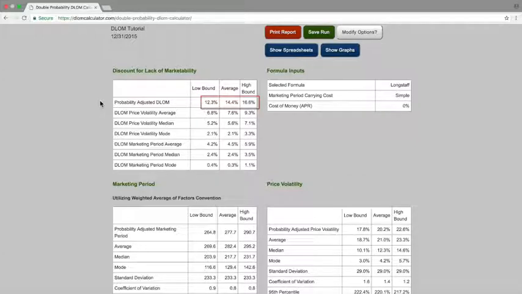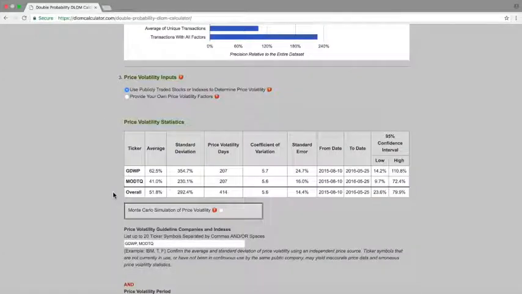Alternatively, you might have concluded that GDWP and MODTQ are more comparable to the valuation subject than LPX, DEL, and NOBH. In this case, the average price volatility is 51.8% and the average price volatility standard deviation is 292.4%, a 5.6 coefficient of variation.